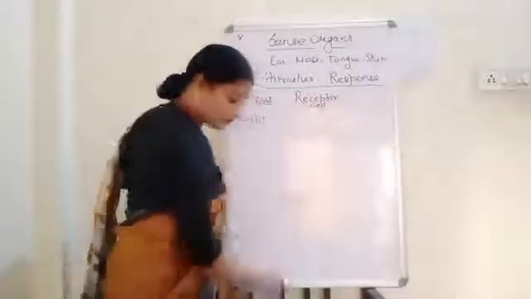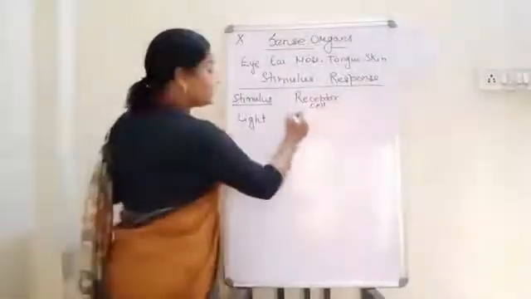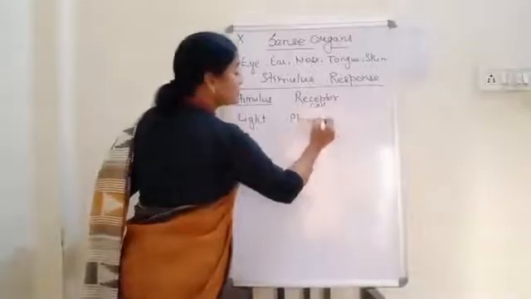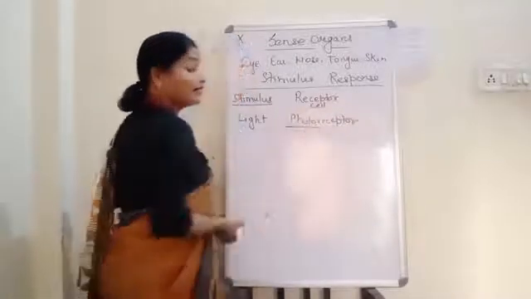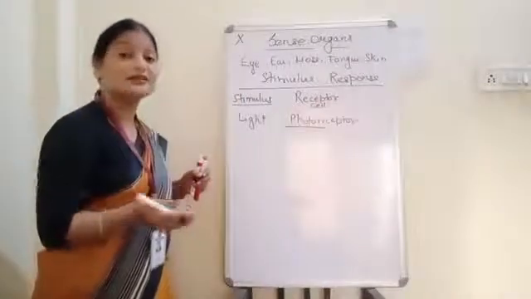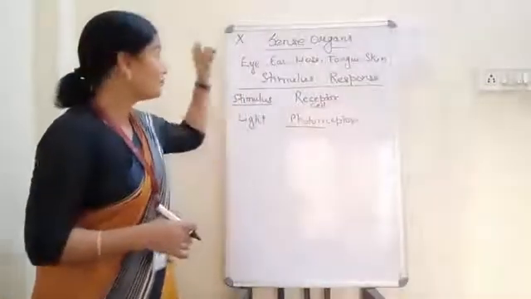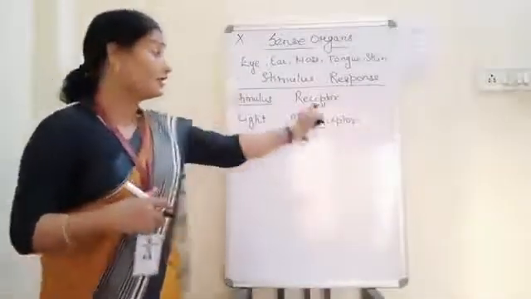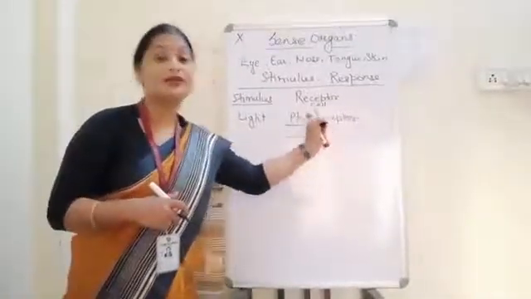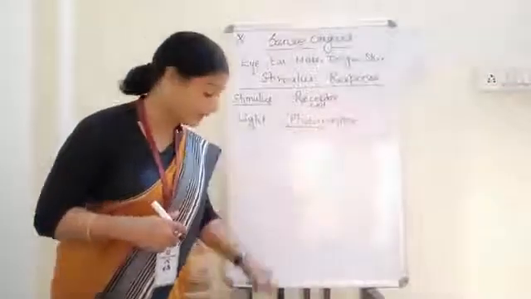So what will be the receptor cell? It will be photoreceptor. Photo means light. Receptor means receiving. So, the eyes are ready to receive the light. That's why they have the photoreceptor cells.